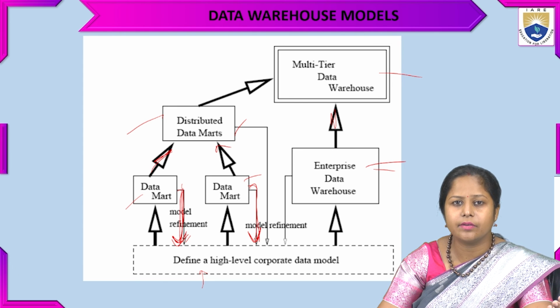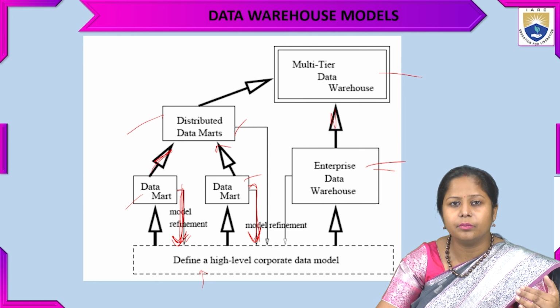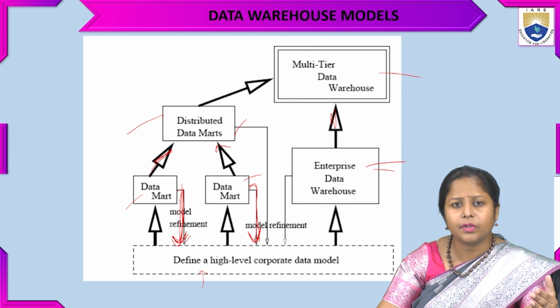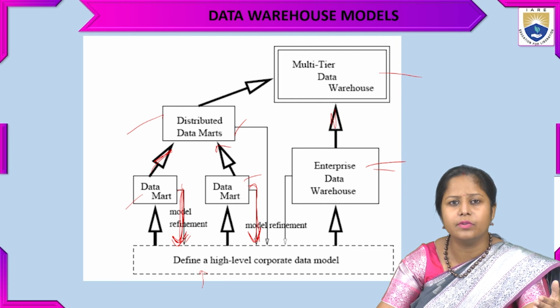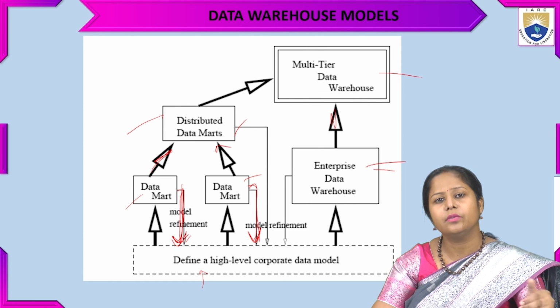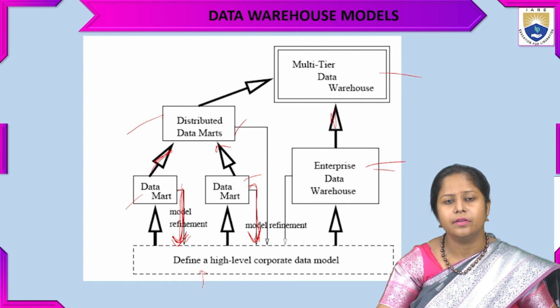What the architecture is, what the different tiers are, and what the different tools are that we use at different levels before giving the data to the server. We have discussed all of the tools, the related processes and the related software. So that was all about data warehouse models and architecture.